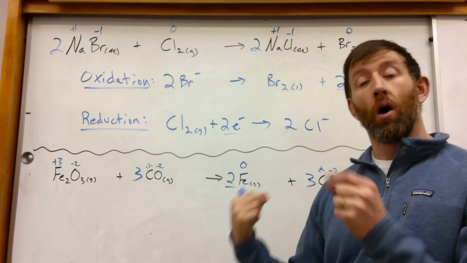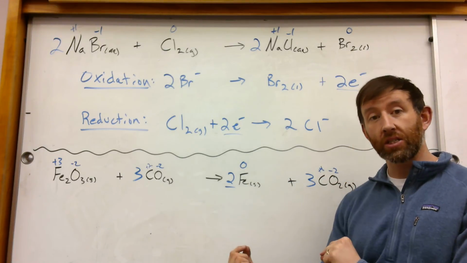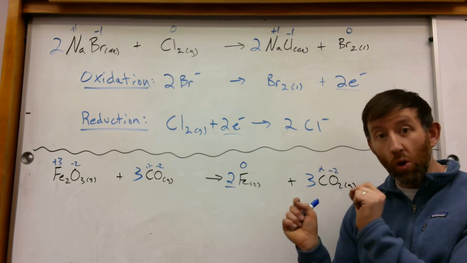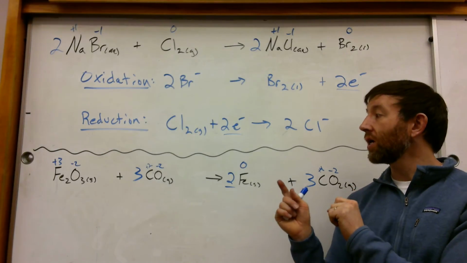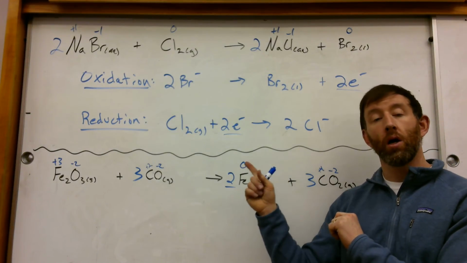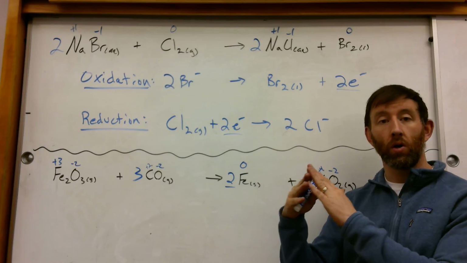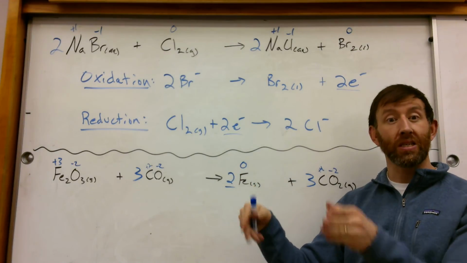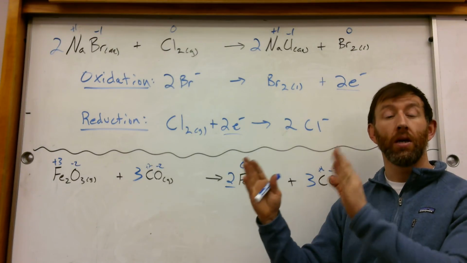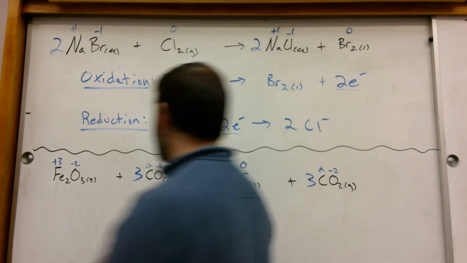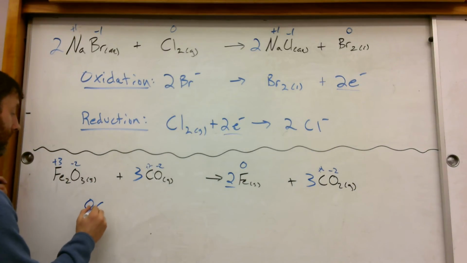Okay? So, again, with our oxidation and reduction half reactions, we're focusing solely on where the electron transfer occurs. What loses electrons, what gains, and that should be the same number of electrons in both half reactions. All right? So again, oxidation.